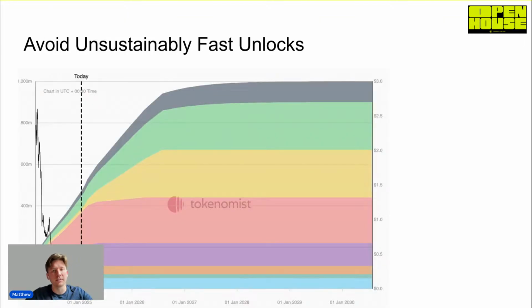And so I think the biggest one to avoid is unsustainably fast unlocks. We see all the time projects that have either no unlocks or very, very quick unlocks where the token is being vested to often insiders and investors, and the sell pressure is just not manageable in the early days.